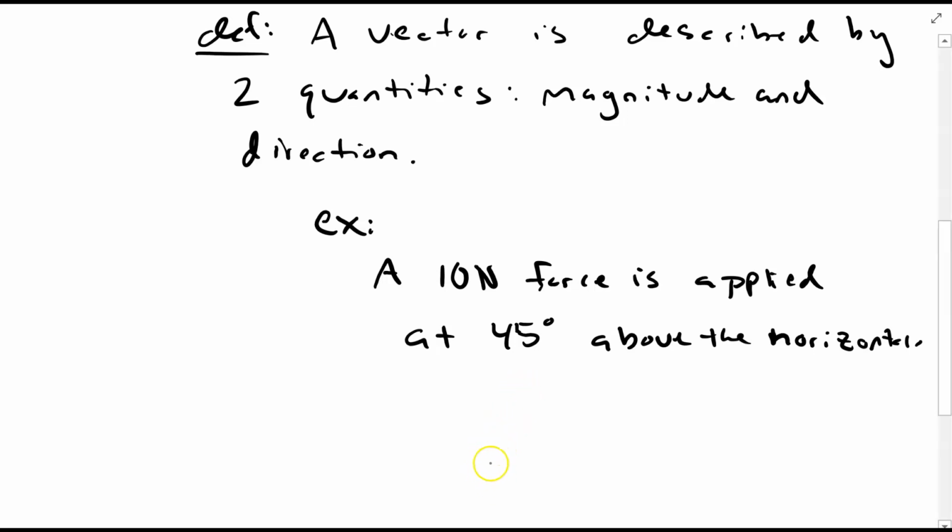When we draw this, if this is our horizontal here, the vector we're going to draw is an arrow, where the length of the vector represents its magnitude, and the angle here, relative to the horizontal, represents its direction.